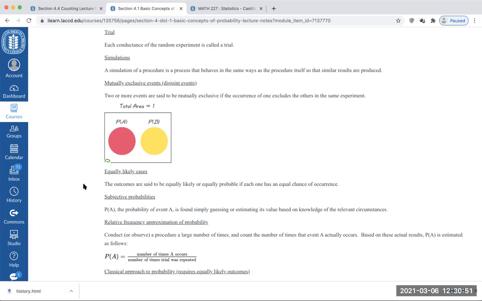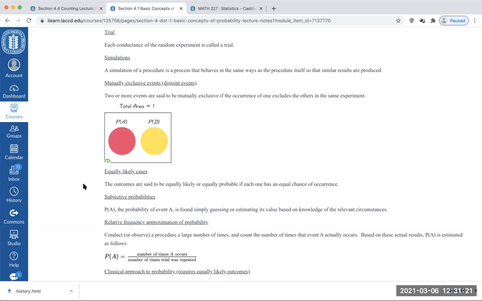Can you count how many events occur doing this particular procedure over how many possible events there are? The number in event A divided by the number in the sample space. So you're just looking at the cardinality of these two different sets. Okay, so that's good, it's just counting.